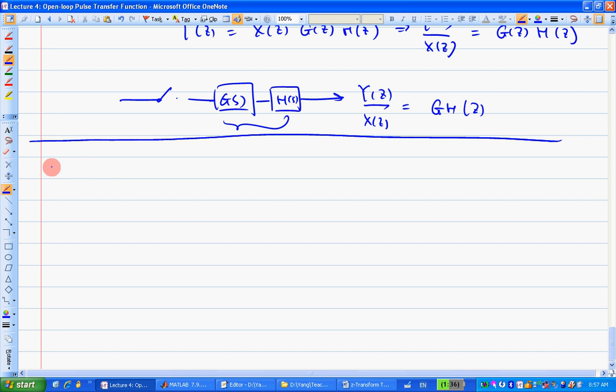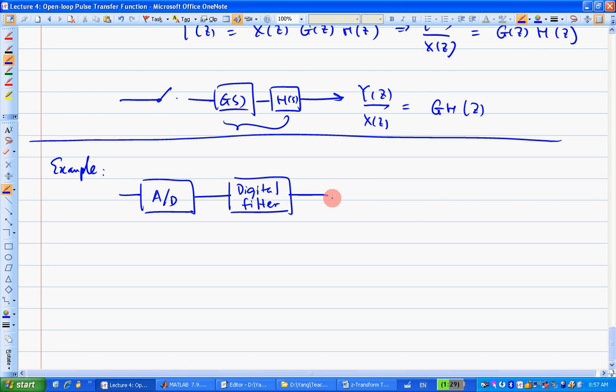So let's take an example, more of a concrete one from an implementation point of view. Suppose you have a digital control system and it's open loop, or maybe just part of the closed loop.